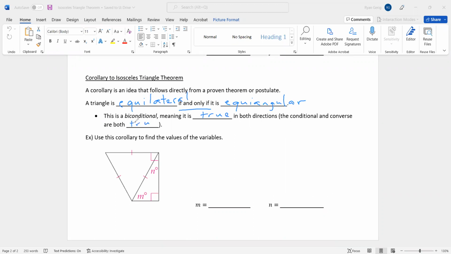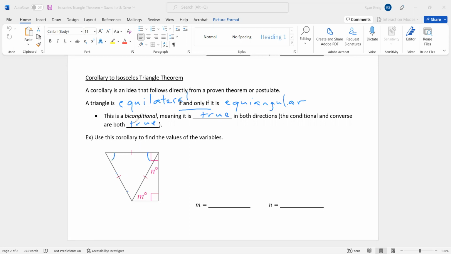So if I said I have an equiangular triangle, so all the angles are the same, then it's also equilateral. So here's the corollary in use. I have an equilateral triangle right there, right? 1, 2, 3. Those are all the same, equilateral, right? So it means they're also equiangular.